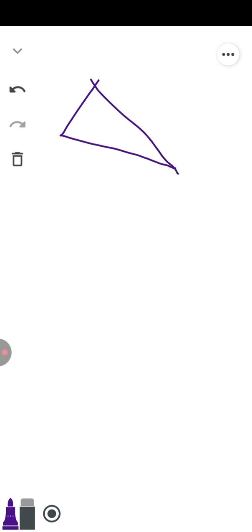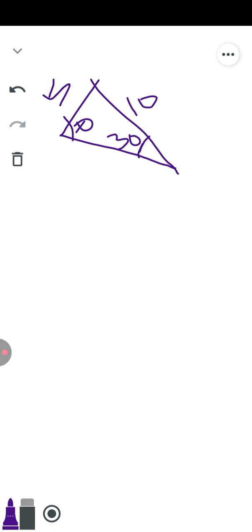If here is 30 degrees, here is 5, theta, and here is 10. So we are looking for theta, right? So what will I use to find theta? I'll use sine rule, right?